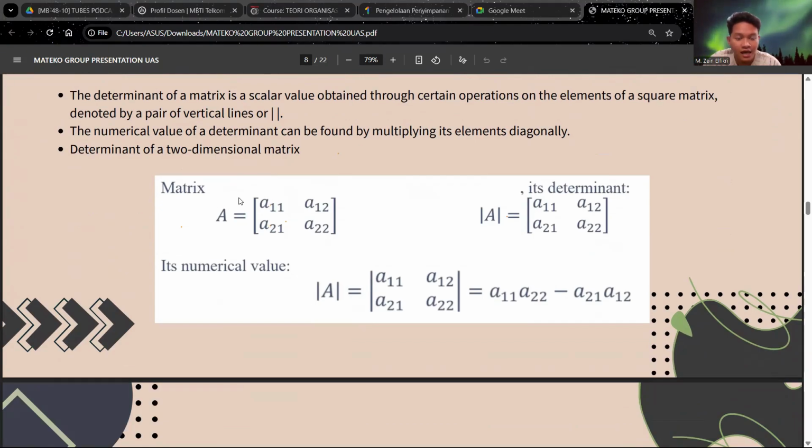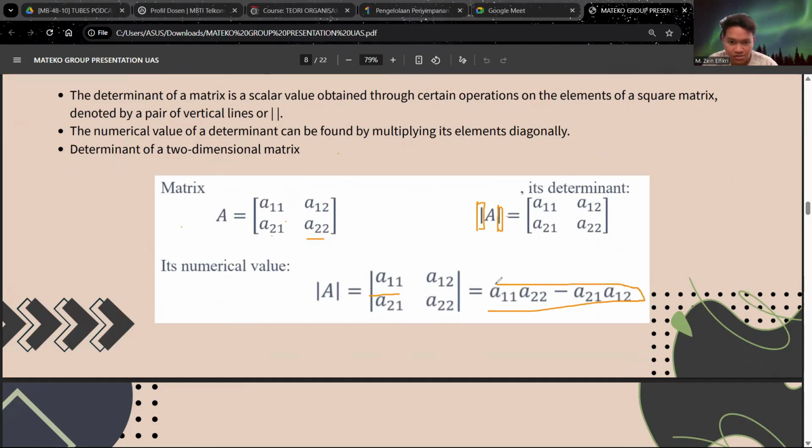Matrix A is like this: A equals A11, A12, A21, A22. Its determinant, we add this symbol, yeah, like this. So the meaning is a determinant of A11, A12, A21, A22. Its numerical value is like this, yeah.